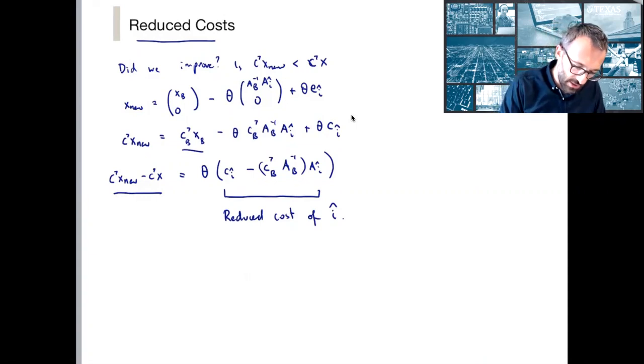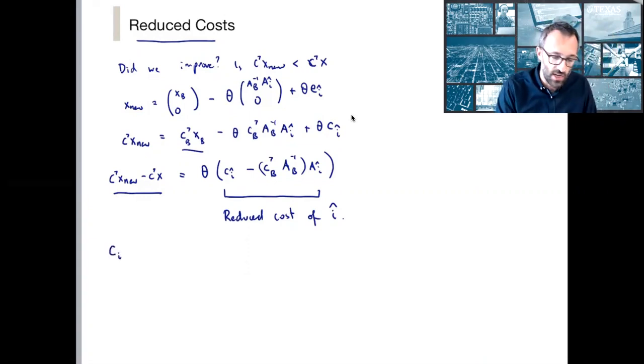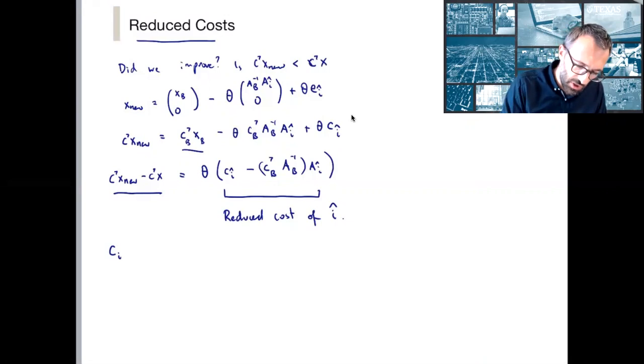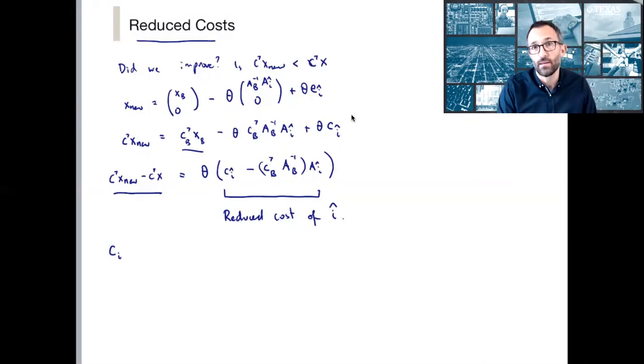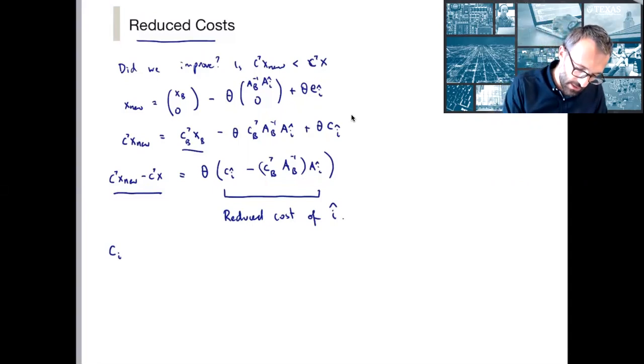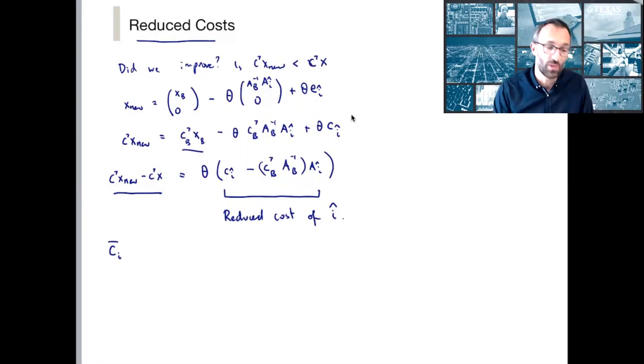So let me make the definition a little more carefully, using more or less standard notation that you'll see. The reduced cost of any element i is how much you would benefit infinitesimally by introducing i into the basis. So c i bar is the notation we're going to use for the reduced cost.